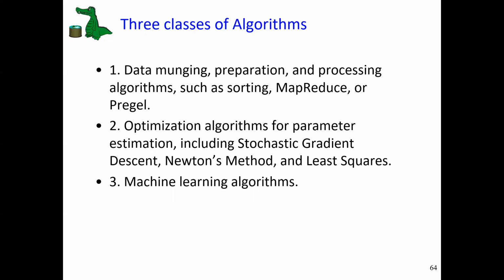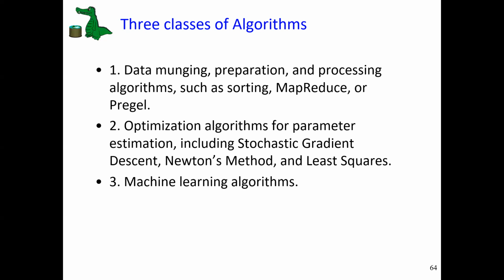Then the second category is the optimization algorithms. How best we can optimize the solution for parameter estimation? It includes stochastic gradient descent, Newton's method, or the least squares method. By varying a parameter, how best a solution we can obtain.